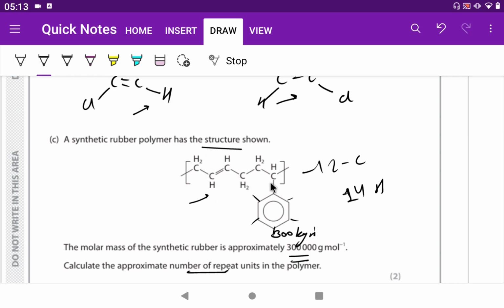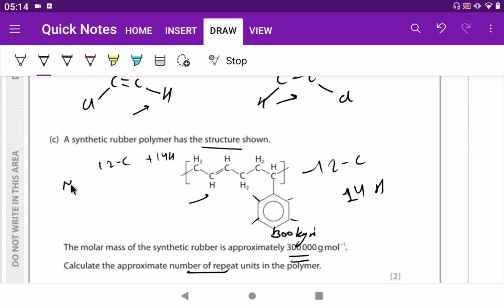First I will count the number of carbon atoms: 1 2 3, 1 2 3 4 5 6 7 8 9 10 11 12. So 12 carbons, and hydrogens: 2 4 6 8 9 10 11 12 13 14. So 14 H.